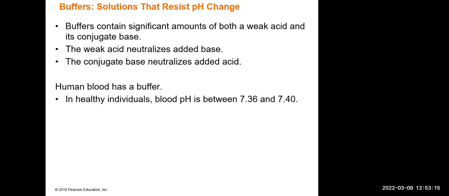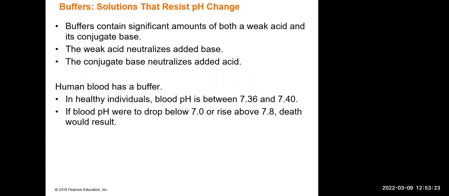In a healthy individual, the blood pH is between 7.36 and 7.40. It's a very narrow range for the pH. Therefore, we need a buffer in the human body. There are a few buffers. One of them is carbonic acid and bicarbonate.